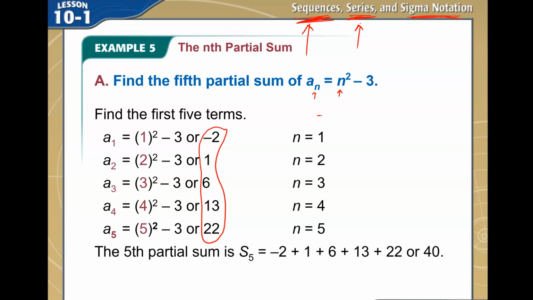So the fifth partial sum is a series. This is called a series when you write it in the plus form: -2 plus 1 plus 6 plus 13 plus 22. Or you can write the answer as just 40, because when you add up all of them, it equals 40. Clear? All right, let's see another example.